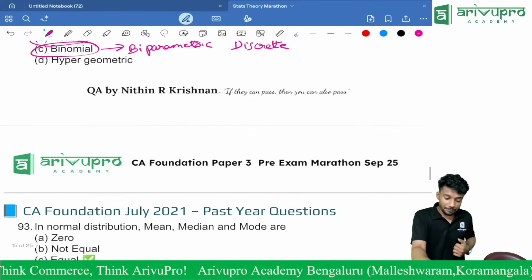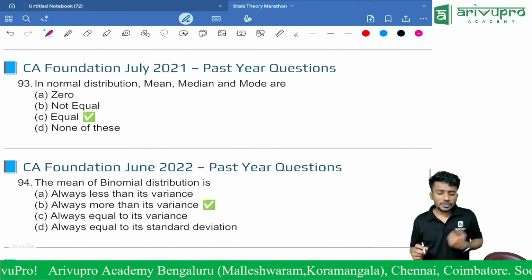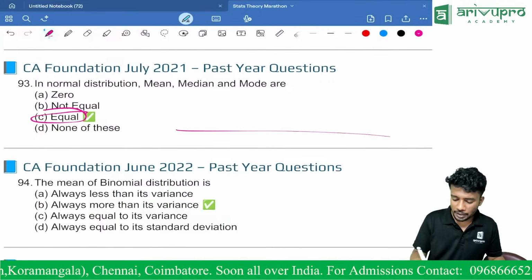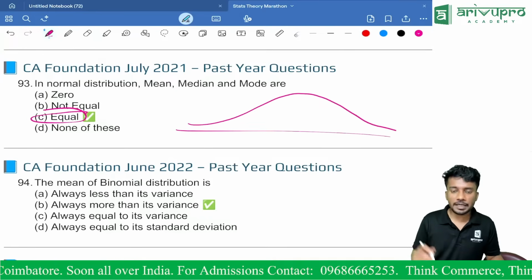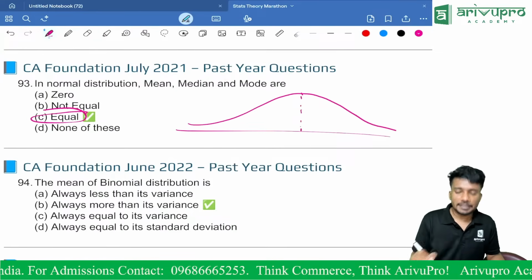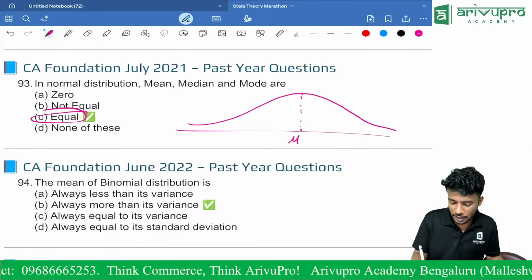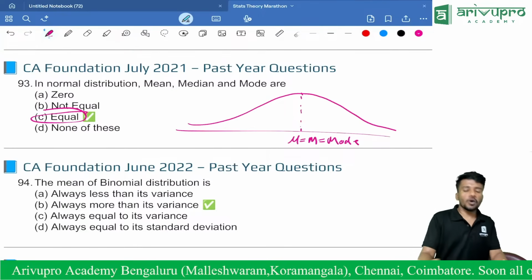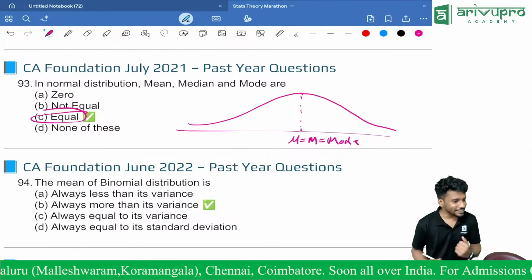Then in a normal distribution, mean, median, mode are equal. The normal graph looks like a bell graph and the center value is mean as well as median as well as mode. So all are equal in a normal distribution.